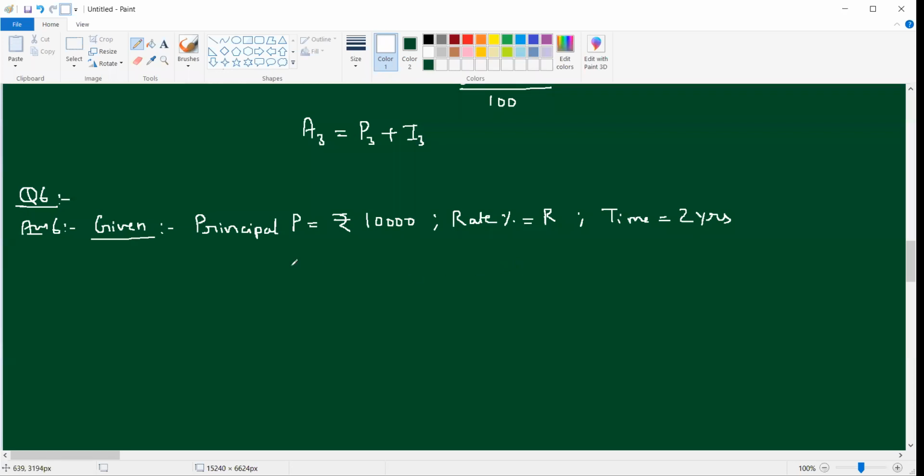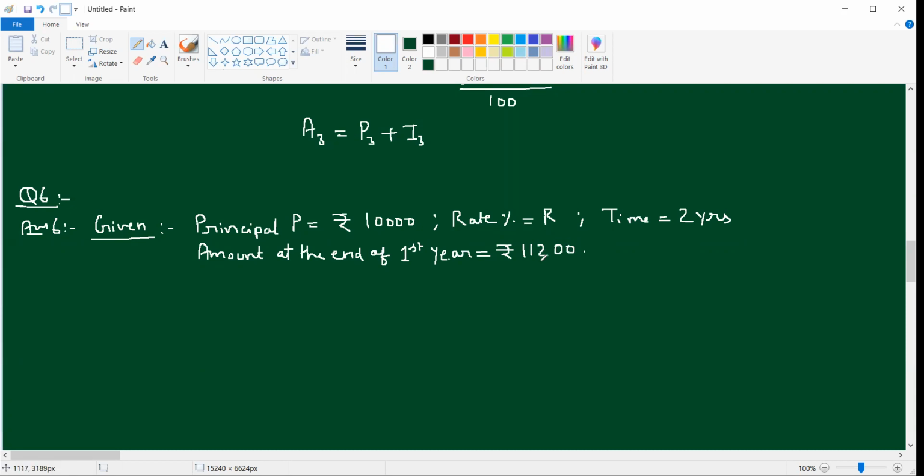At the end of 1 year, he receives some amount, rupees 11200. So amount at the end of first year is equal to rupees 11200.